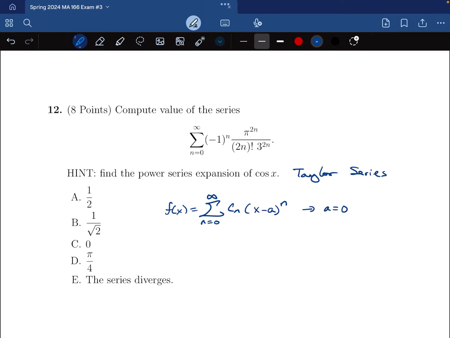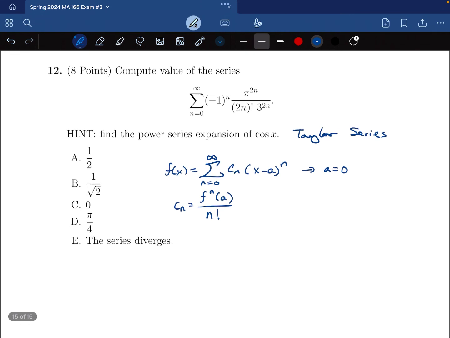Okay, and then the formula to calculate the coefficient for each term is the value at a of the nth derivative divided by n factorial. So the important thing to do now is to calculate all the values of the coefficients for cosine of x.